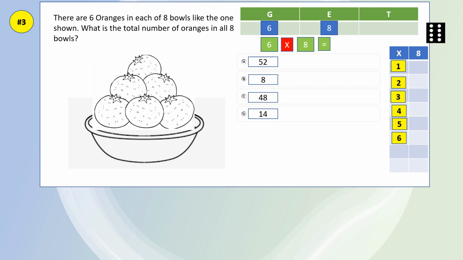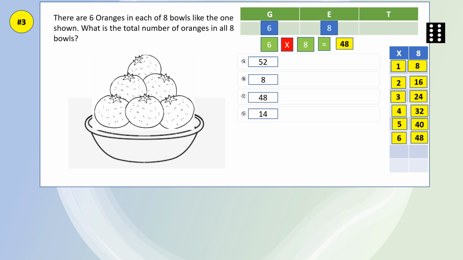So 1 times 8 is 8. 2 times 8 is 16. 3 times 8 is 24. 4 times 8 is 32. 5 times 8 is 40. And 6 times 8 is 48. Very good. So that means that our answer is 48.